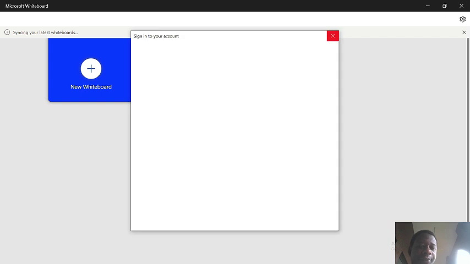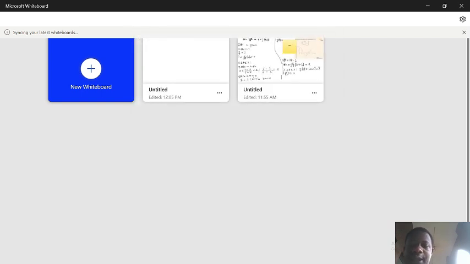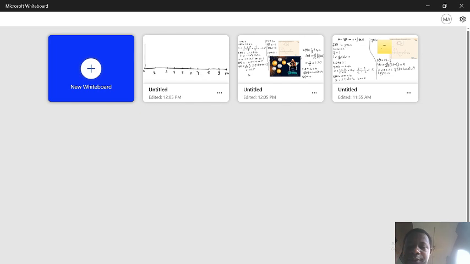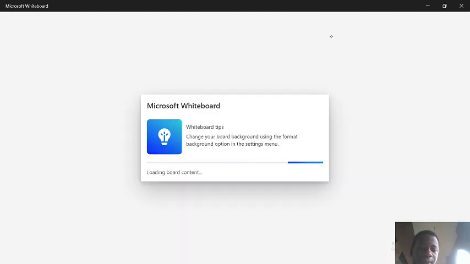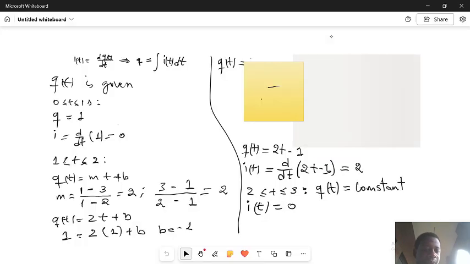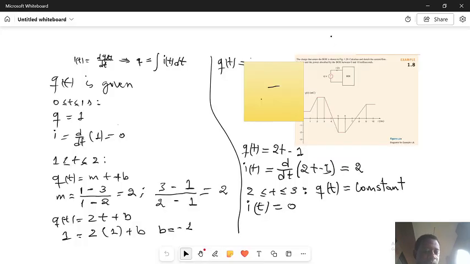If I come back to the previous one, I want to see the value of the current from 0 to 2. From 0 to 1, it was 0, and from 1 to 2, it was 2, and from 2 to 3 it was 0.